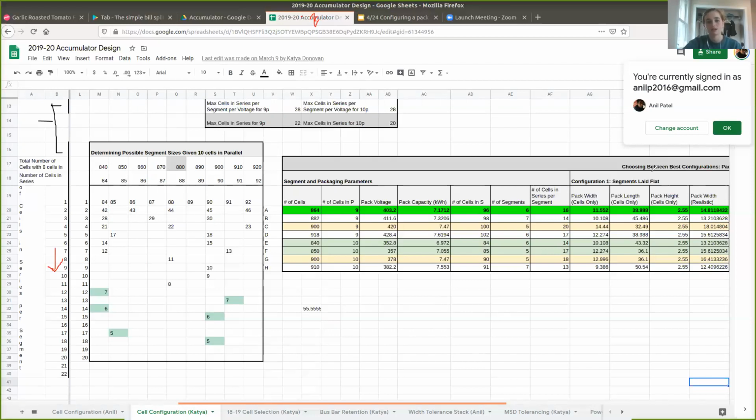One of the main reasons is that it is a small number of segments, and it also has one of the higher pack capacities for the number of segments it has, while not oversizing by too much. Does that make sense?